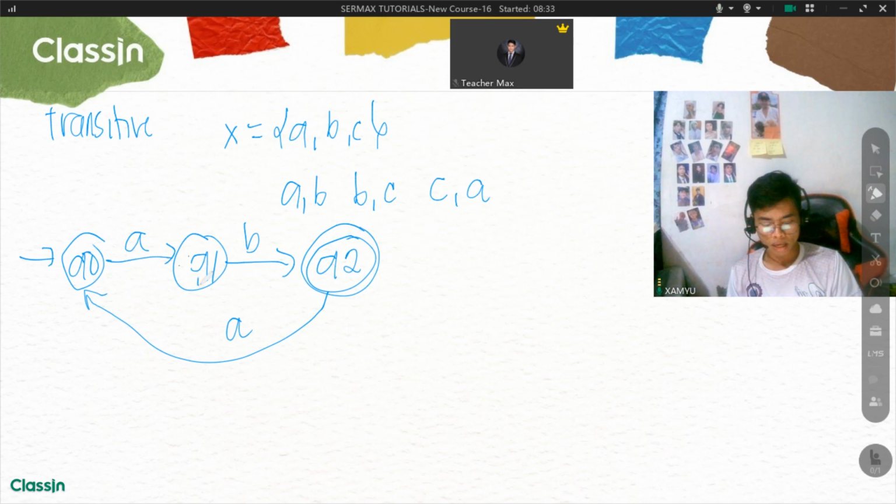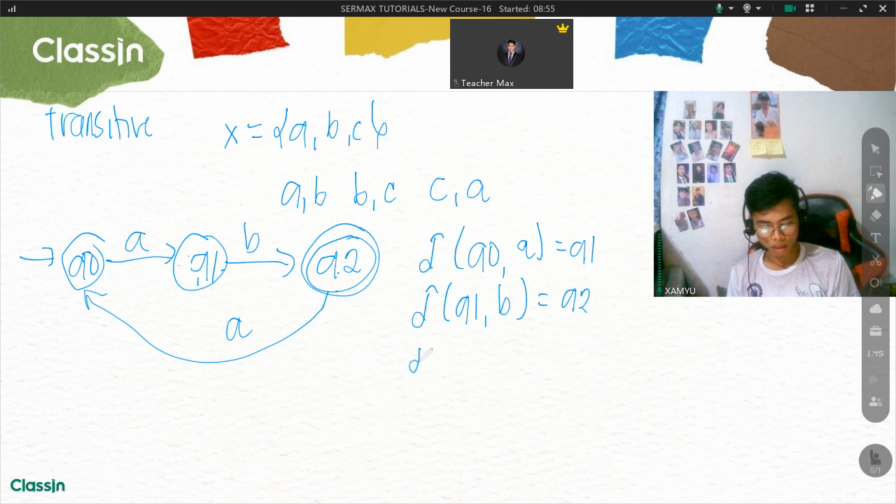So this is actually one example of transitive, wherein your Q0 has a relationship directly to Q1, and then your Q1 has a relationship to Q2, and your Q2 must also have a relationship to Q0. So therefore, your transitions for that will be input A directed to Q1, and then for Q1, input B, we have Q2, and Q2 with A directed to Q0. So Q1, Q2, and Q0, that is actually transitive.